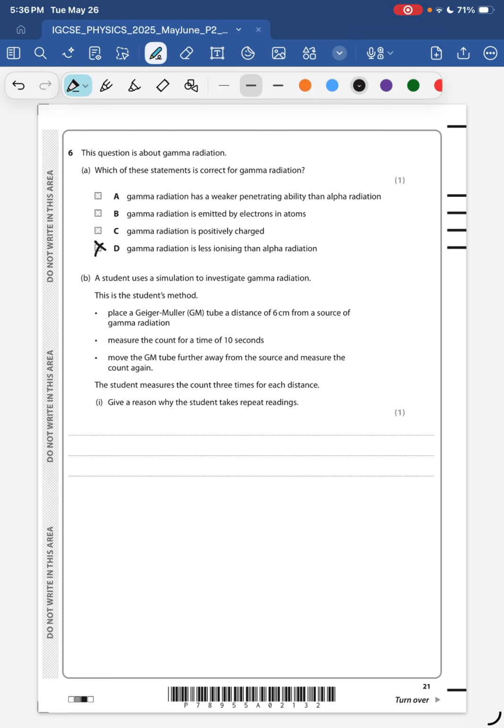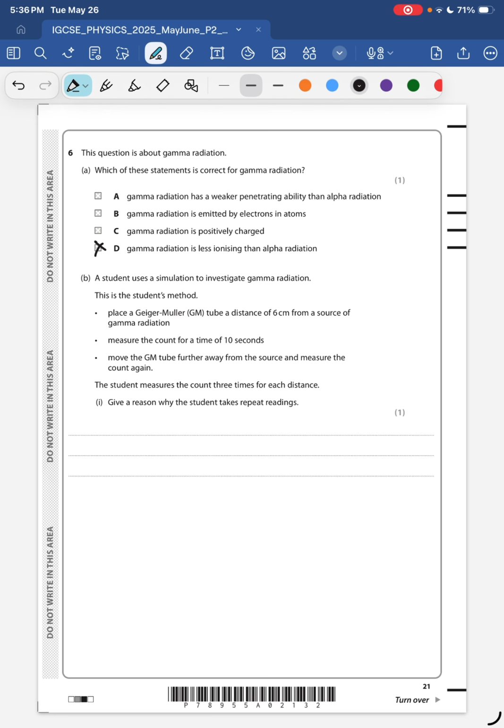B, a student uses a simulation to investigate gamma radiation. This is the student's method. Place a Geiger-Müller tube a distance of 6 centimeters from a source of gamma radiation. Measure the count for a time of 10 seconds. Move the GM tube farther away from the source and measure the count again.